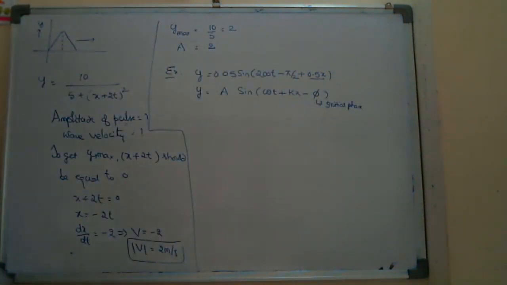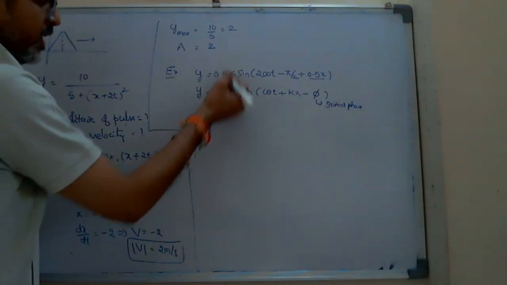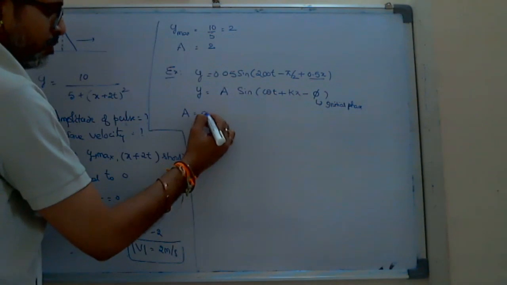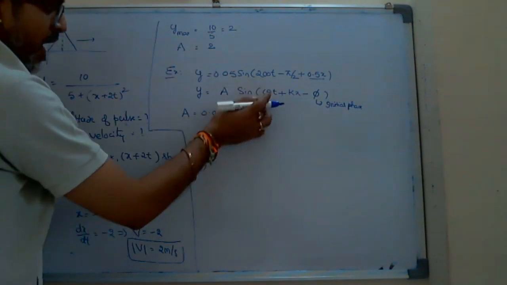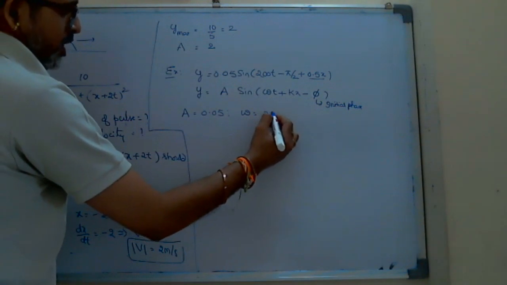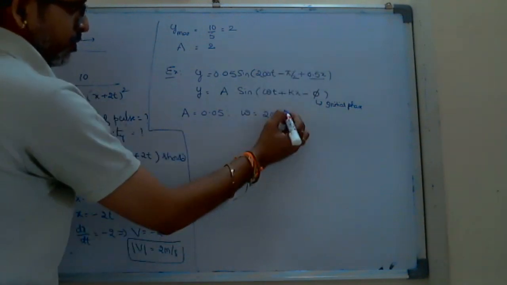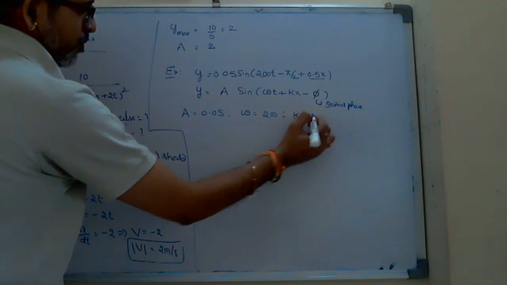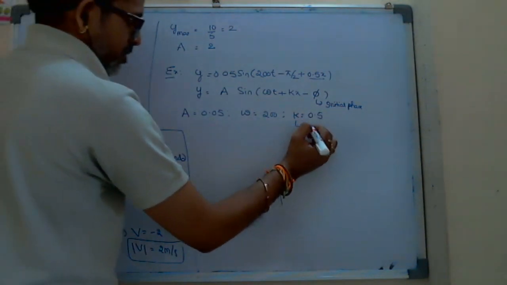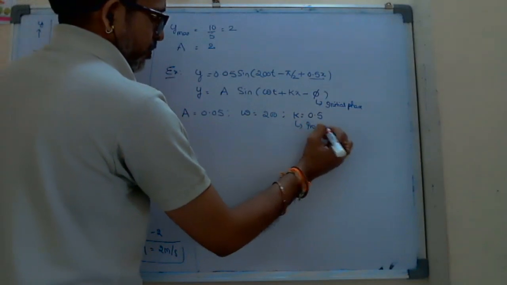So here, if I ask the amplitude, straight away you can say by comparing these two equations, what do you write now? 0.05. Very good. And angular velocity? 200. Right. And k? 0.5. What is k, Nana? Propagation constant. Omega by lambda.